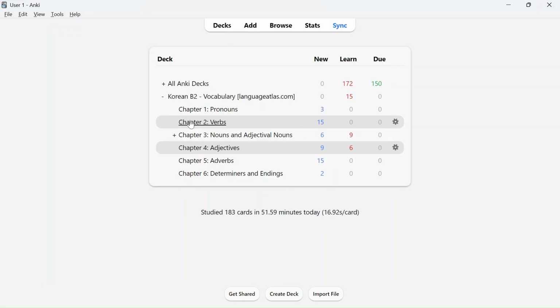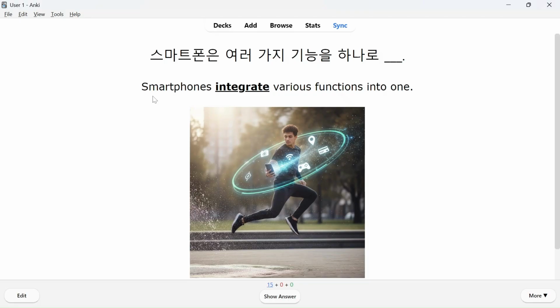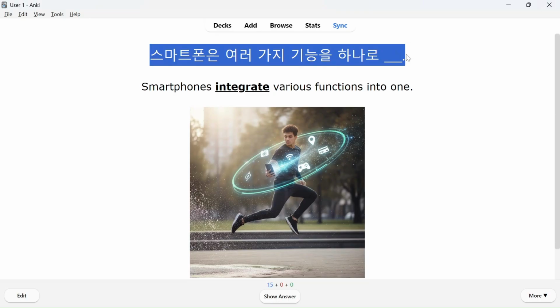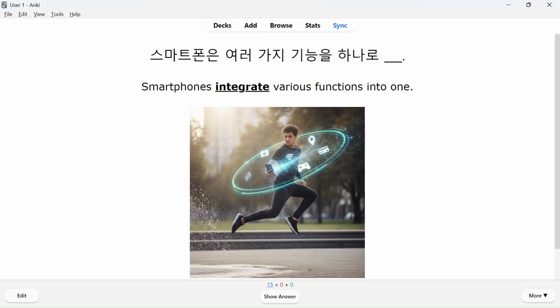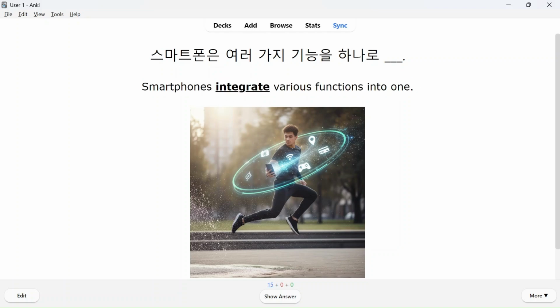Now I would like to go to verbs, and I'm going to click on Study Now. So this is the first card type. We already know this. We see that there is a Korean sentence with a blank area. And it is your job to know what goes inside of this blank area. Underneath that, we have an English translation sentence with a word bolded and underlined.